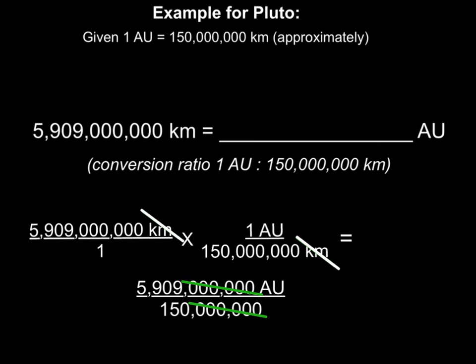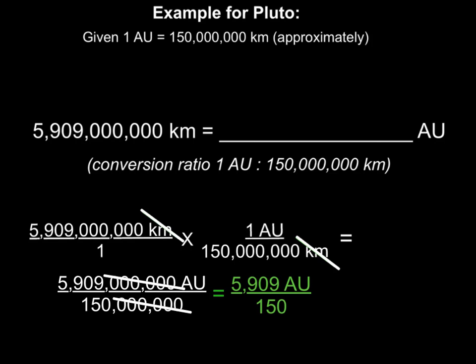Okay, so I'm canceling them out. So now that I've crossed off those 6 zeros in the numerator and the denominator, I'm left with 5,909 astronomical units divided by 150. So I'm going to type that into the calculator and see what I get.